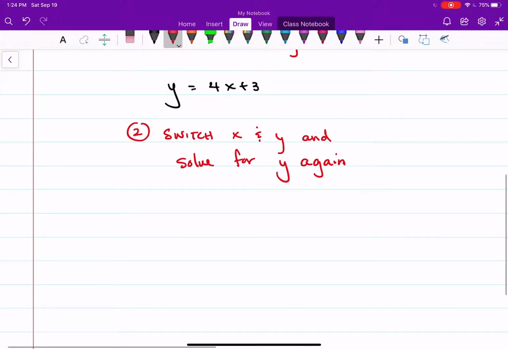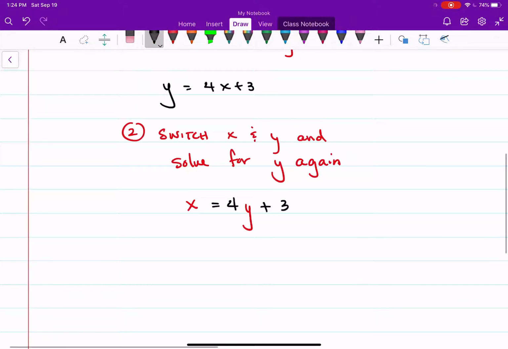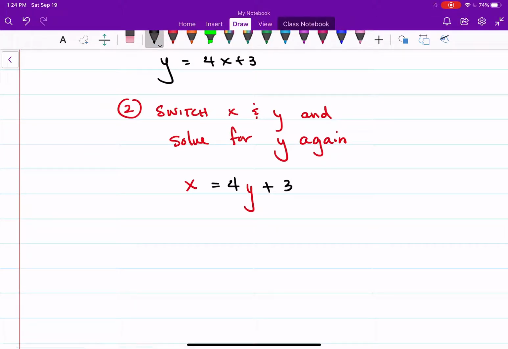Okay, so, all right, so I'm going to switch the x and y. So x equals 4y plus 3. Okay, so now I got to solve for y again.